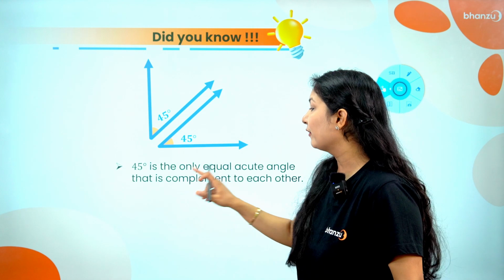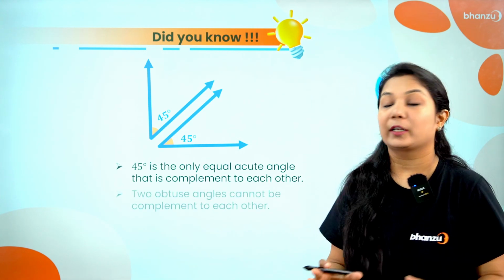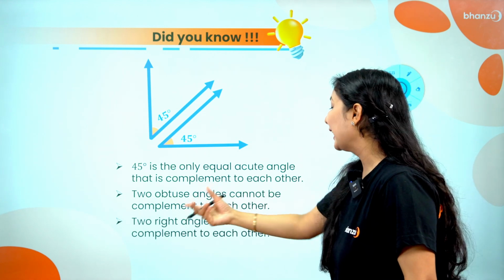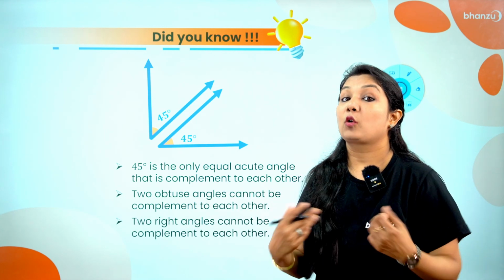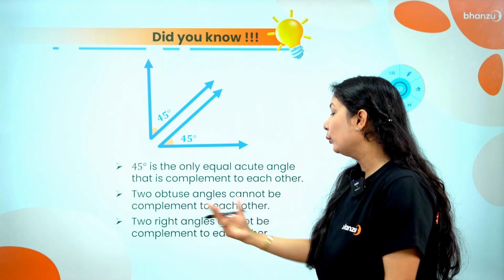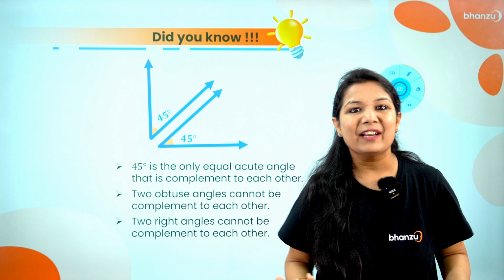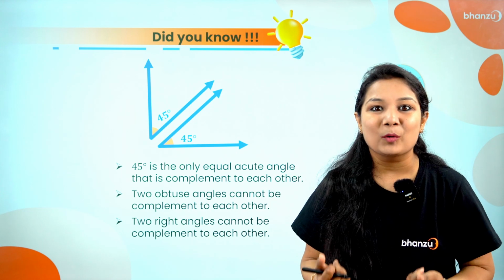So 45 degree is the only equal acute angle that is complement to each other. There are no obtuse angles which are complement to each other, and neither do we have right angles which are complement to each other. But how can we say that? What's the proof of it?